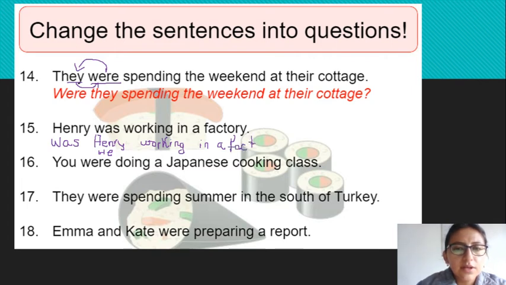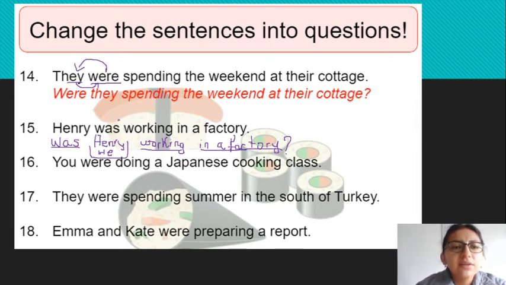Okay, was Henry working in a factory? Okay, and question mark. What is the structure of questions? Verb to be in past, subject, gerund, and complement.